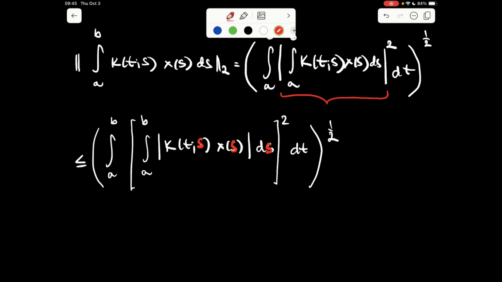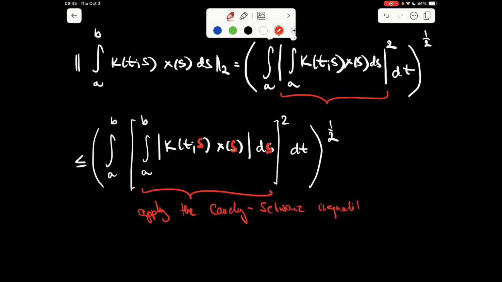So here at this point we can use the Cauchy-Schwarz inequality in variable s, this is important, in variable s.